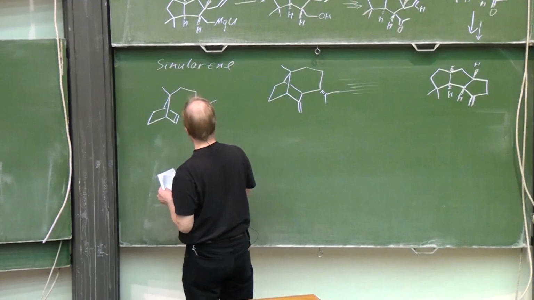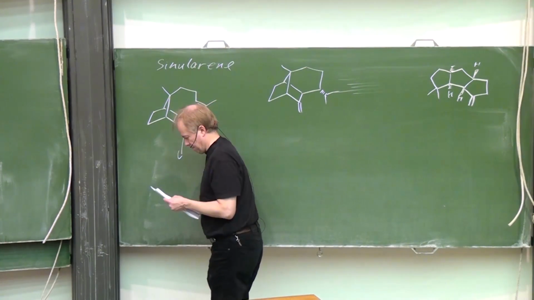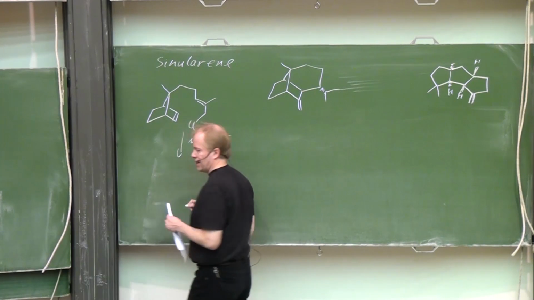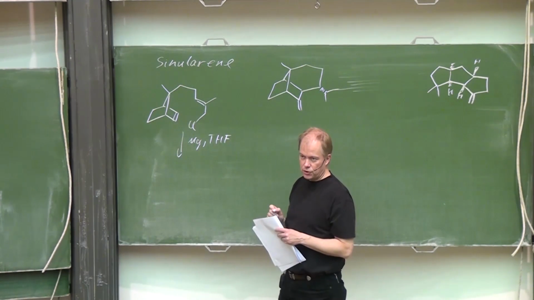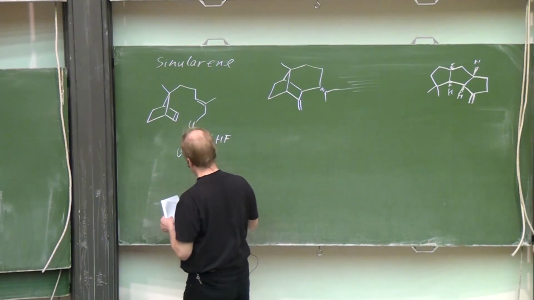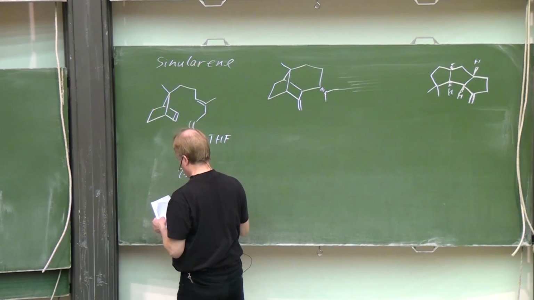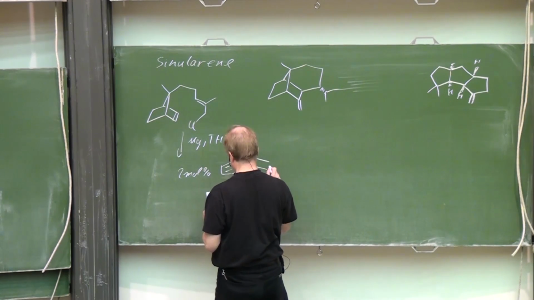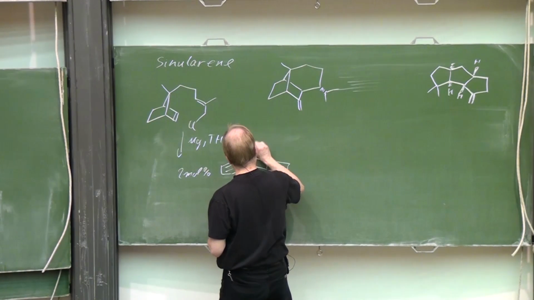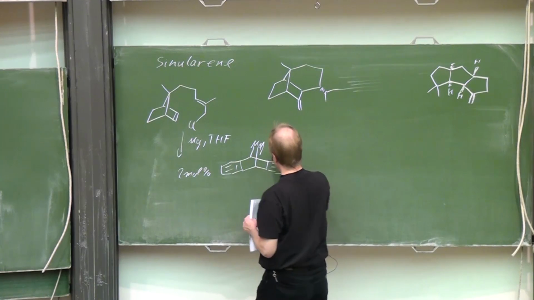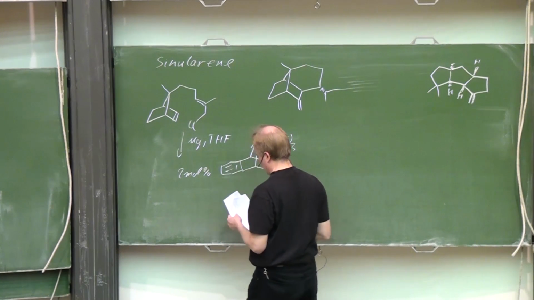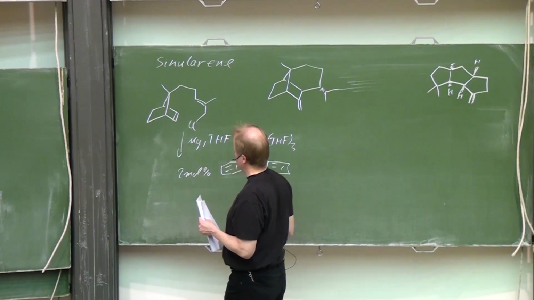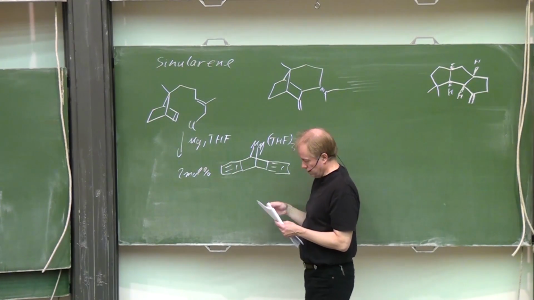What I found interesting is that Oppolzer introduces a catalyst for the formation of the Grignard reagent, and the catalyst is 2 mol% of something we already know, the magnesium anthracene complex. 2 mol% is enough to catalyze the formation of the Grignard reagent.